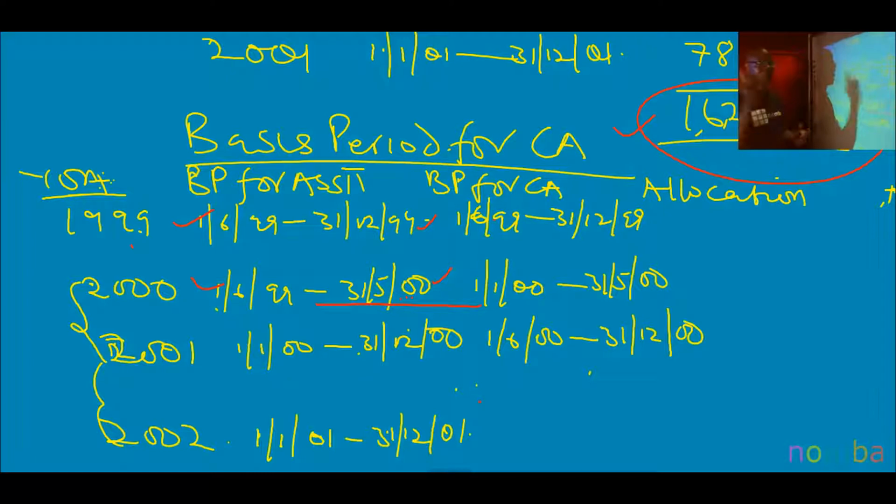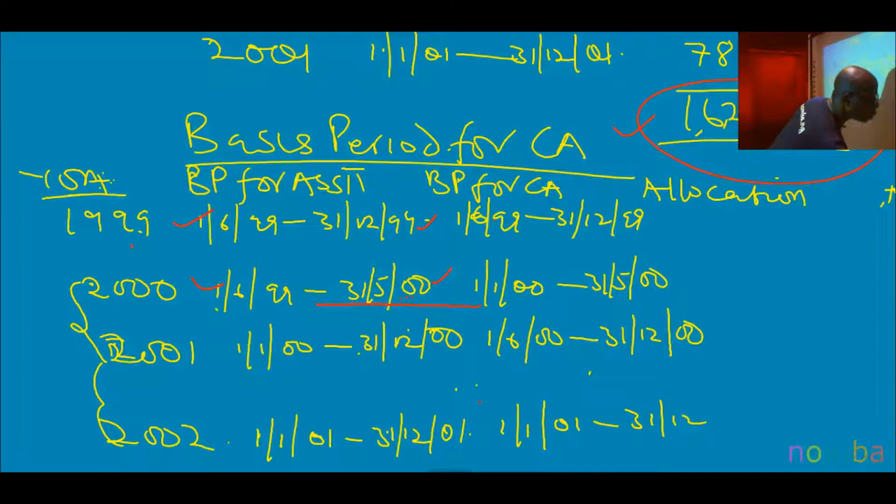What are the 2? 1, the first year in all cases. 2, where they don't have anything in common, where there are 2 parallel lines. If you look at this and this, the 2 years are parallel. They don't have anything in common. So, therefore, the basis period for capital allowance will be 1/1/01 to 31st December 01.